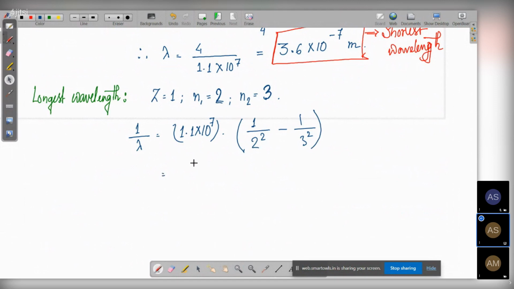That is equal to, after the calculation, 5 by 36.